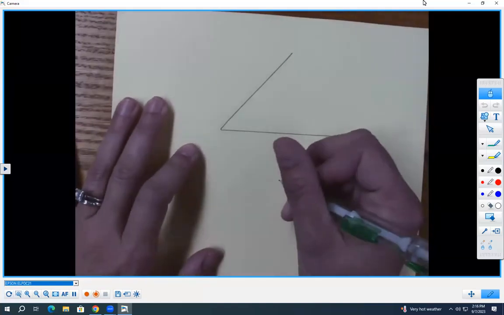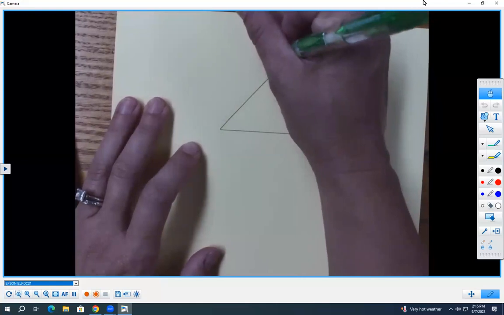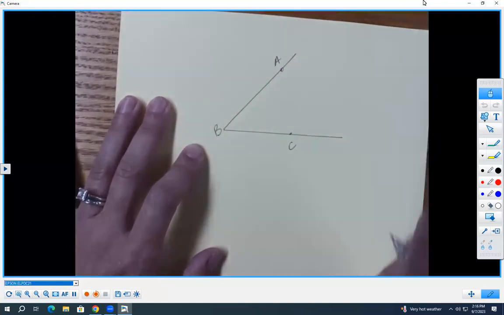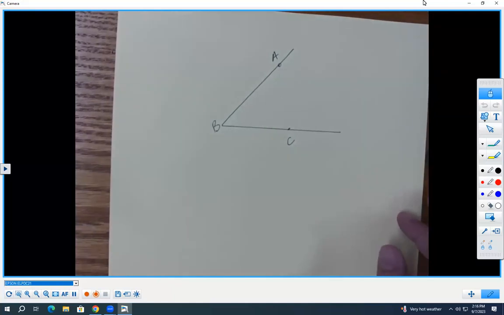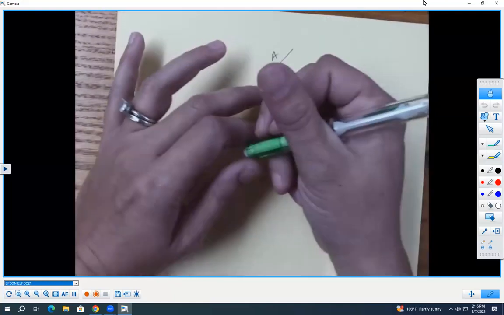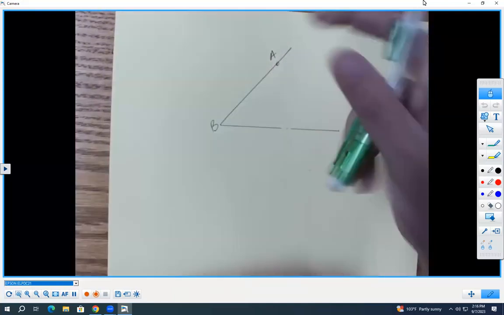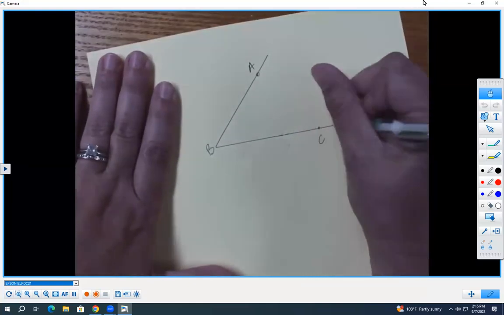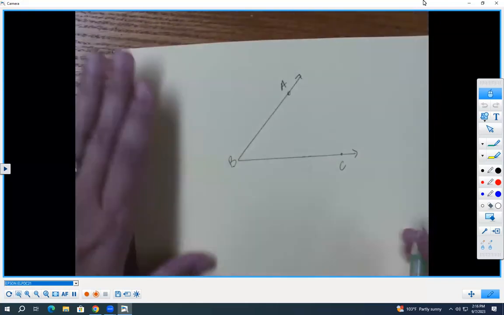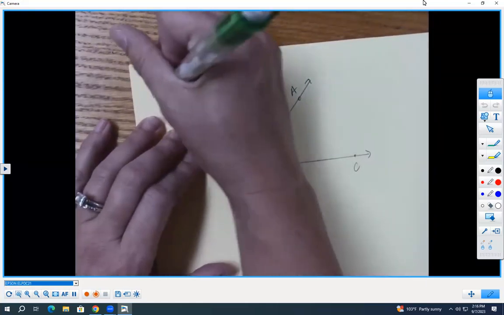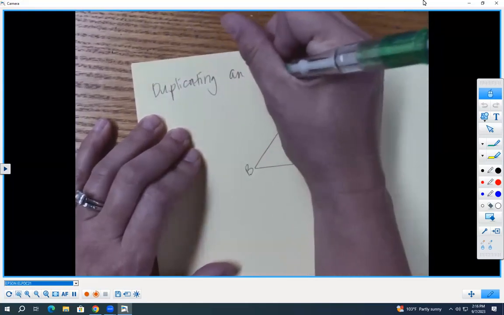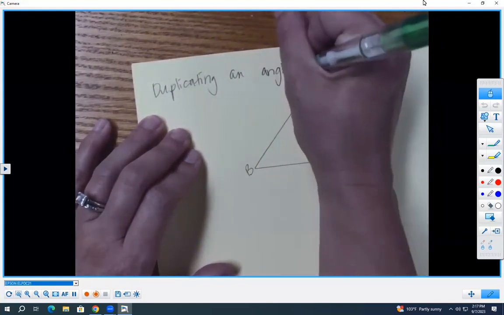Let's label this angle A, B, C. So this is duplicating an angle, drawing the exact same angle.